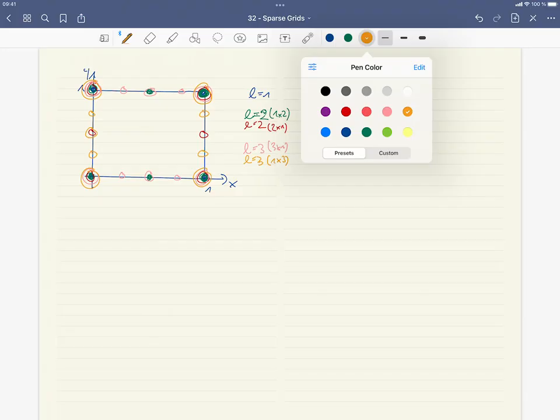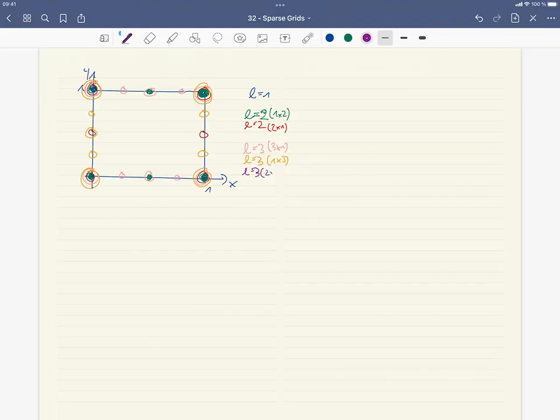And then we have another one, and I'm slowly running out of colors. That's the 2 cross 2. So that would be this one here, and this one here, and also those points here. So here I'm getting some points in addition. So it looks like this.